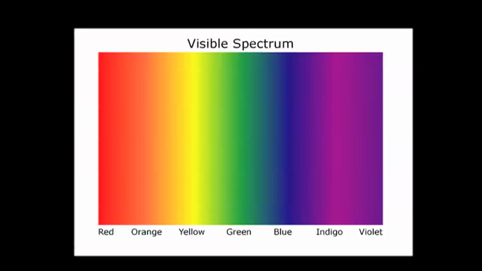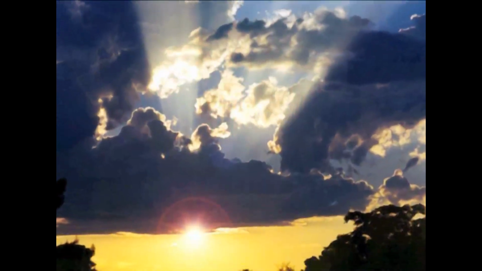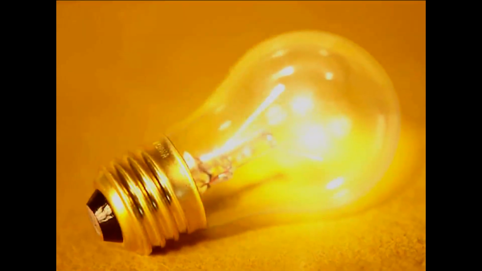Now, the human eye can perceive only the colors which I told you, that is the visible spectrum, because the pigments in the eye can only be sensitized by these colors. The sources of visible light can be solar radiation, that is sunlight, or incandescent bulbs or even fluorescent tubes, which can be used as sources in light microscopy.